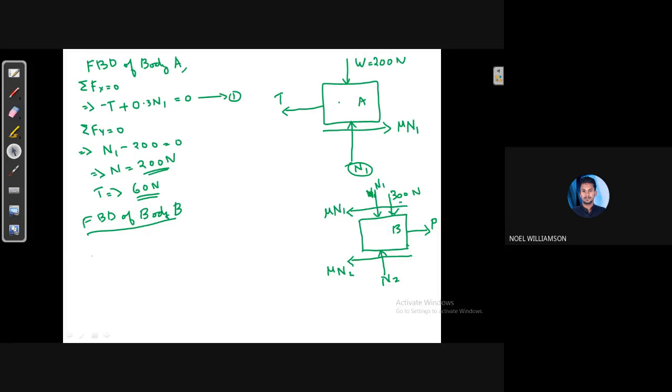So from here we will see sigma Fx equal to 0 implies P minus mu into N1, that is 0.3 N1, minus 0.3 N2 equal to 0.